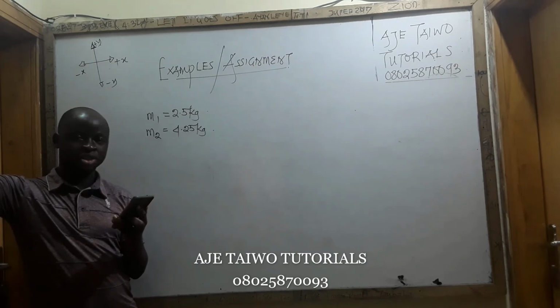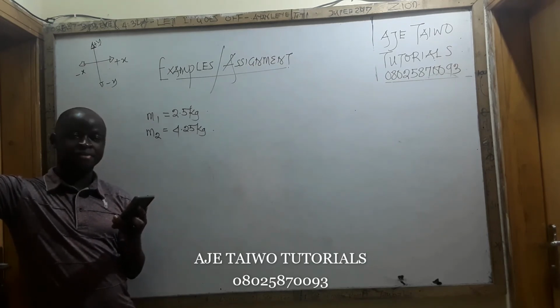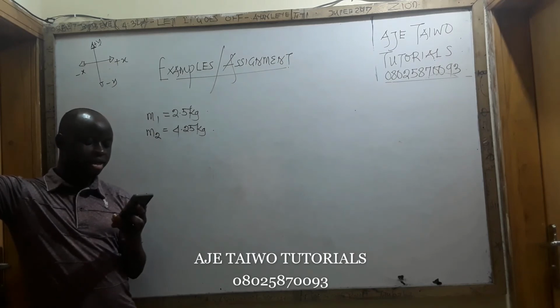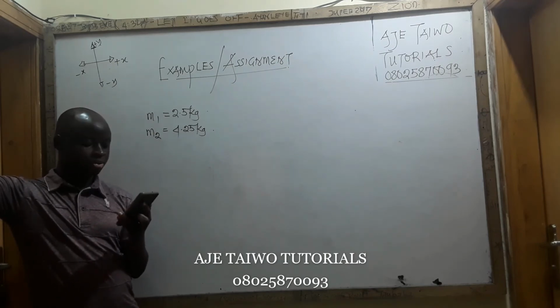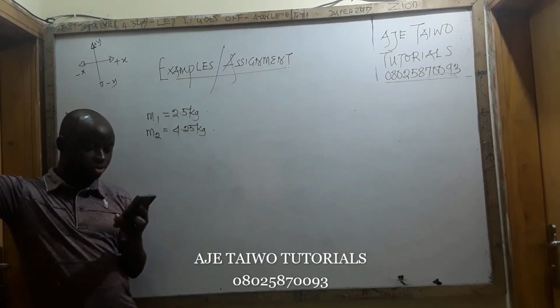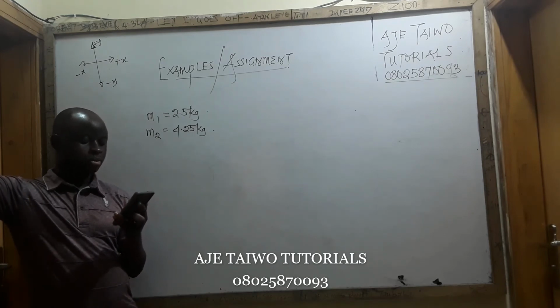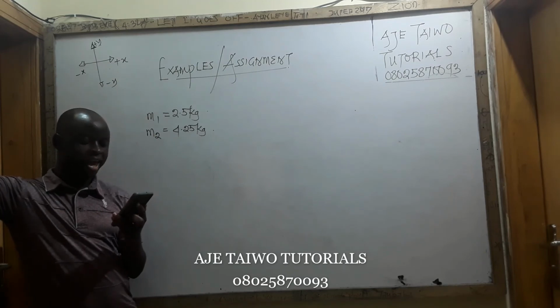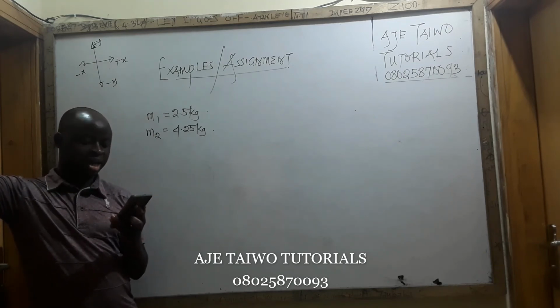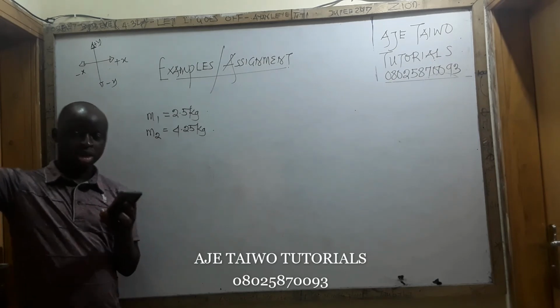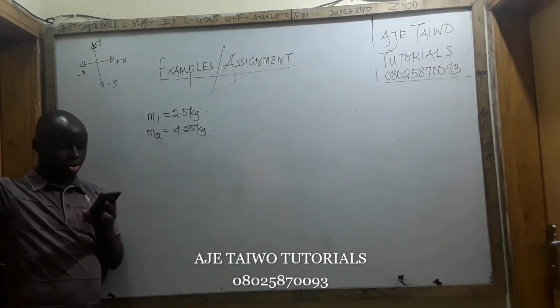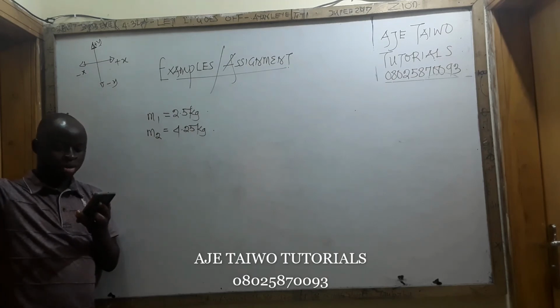The pulley is always frictionless, I've told you. If the two loads hang freely in air, what is the acceleration of M1 upward? That means M1 has to go up. That's the meaning of upward there.